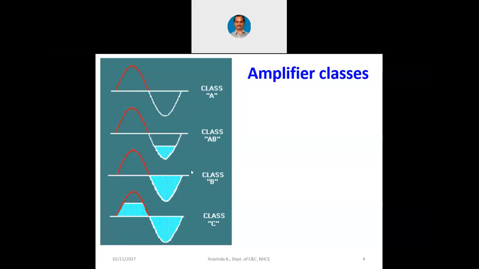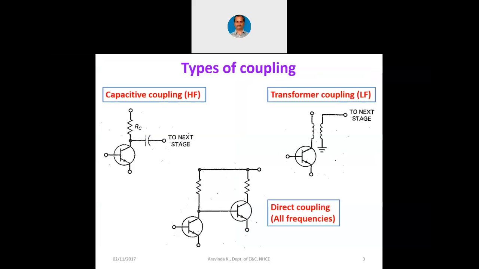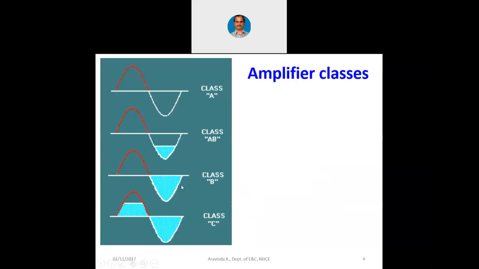If the same amplifier is made class B by means of proper biasing, so that in the negative cycle the transistor completely turns off, the circuit is consuming power only for the positive cycle.